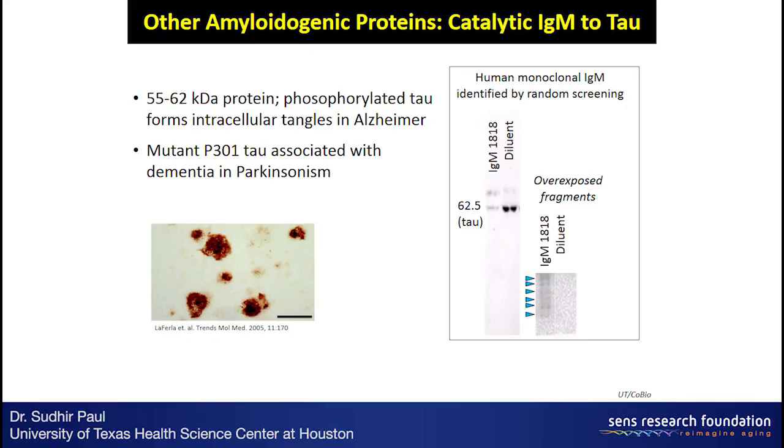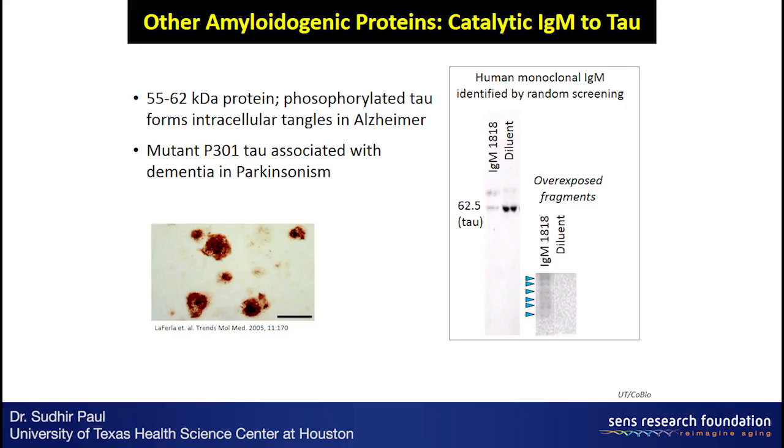And as you can see, the tau band is greatly reduced. It essentially disappears. Many small fragments are generated. On the right side in the electrophoresis panel, I am showing you an overexposed gel in which these fragments at lower molecular weight range are visible.